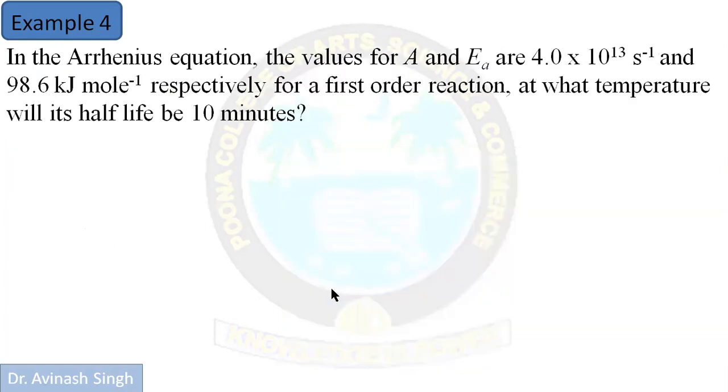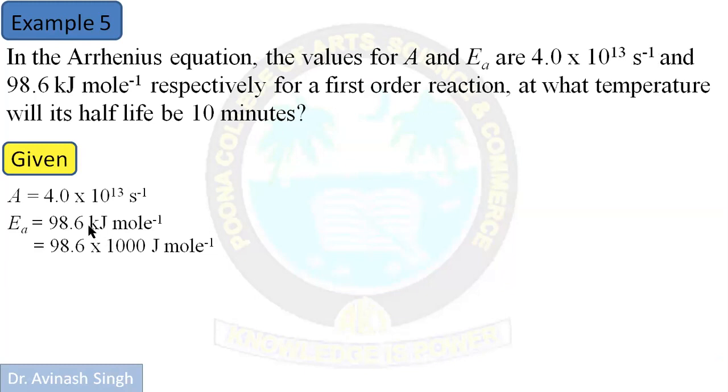And the last numerical is, in an Arrhenius equation, A value is given, energy of activation value is given in kilojoules. Please remember this, it is kilo and it is joules. The reaction is first order. You have to find out the temperature at which the half-life is 10 minutes. So let's write down the given. A value is given, energy of activation is in kilojoules. I convert into joule by multiplying by 1000.